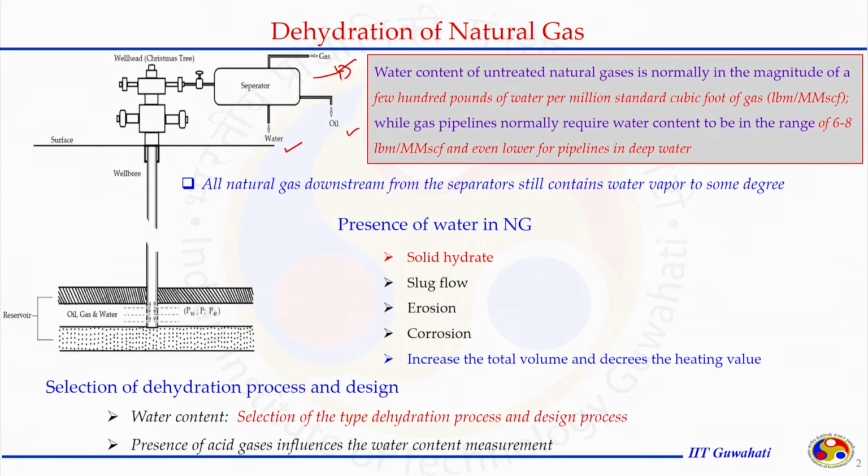Depending on the composition of the natural gas, like hydrocarbon and non-hydrocarbon gases, the solubility of water varies. That also depends on temperature and pressure conditions. So, after the separator, the first unit faced by the natural gas produced from the reservoir, the gas still carries a significant amount of water, and that water needs to be removed.